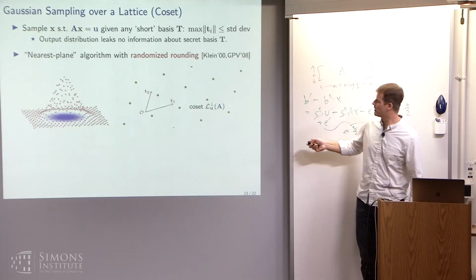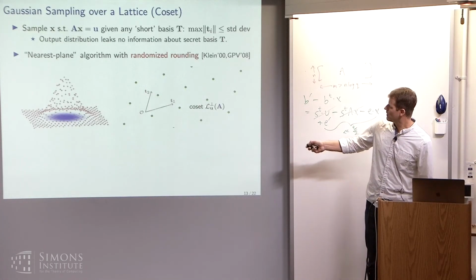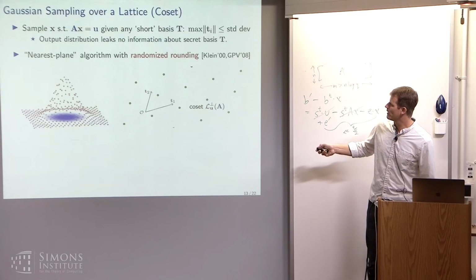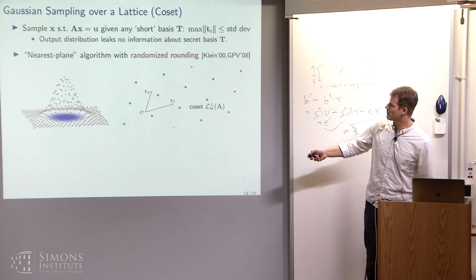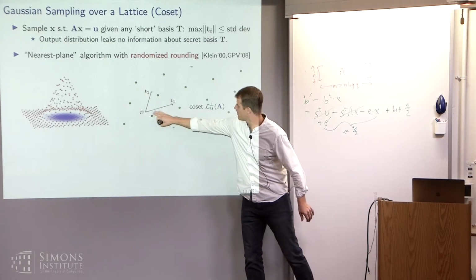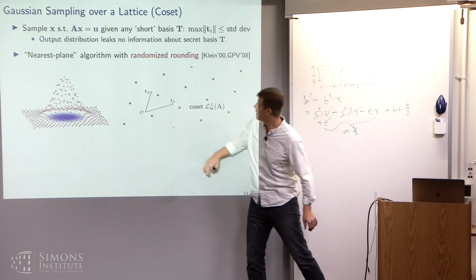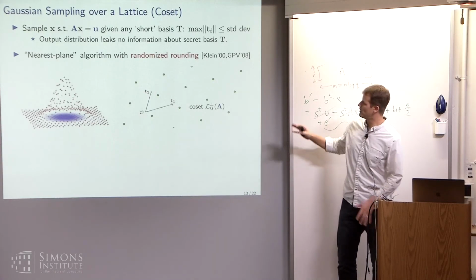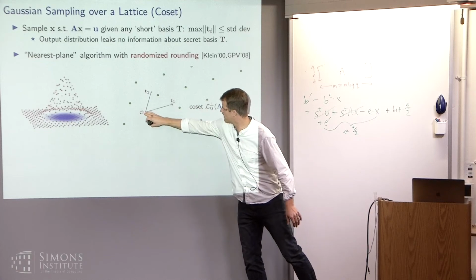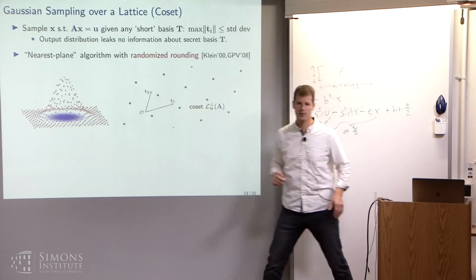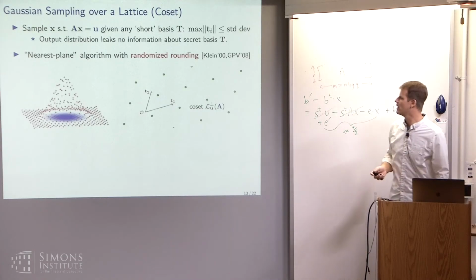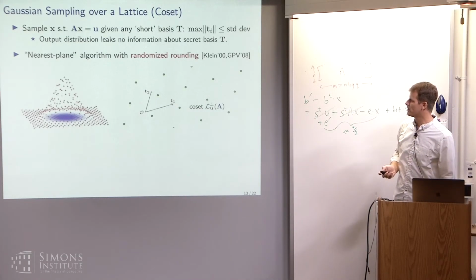Okay, so here's the idea. We have the coset L perp of A with coset u, and we want to draw from this distribution here, right? So we have the shifted lattice, and let's say we have these vectors T1 and T2, which are a basis of the unshifted lattice. So if I were to put the lattice at the origin, these vectors would generate that lattice. But we want to sample from this shifted lattice under a Gaussian distribution.